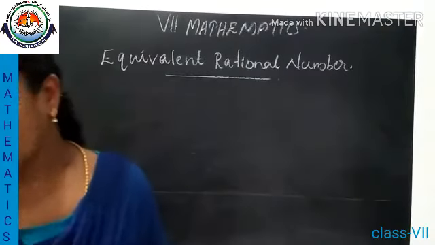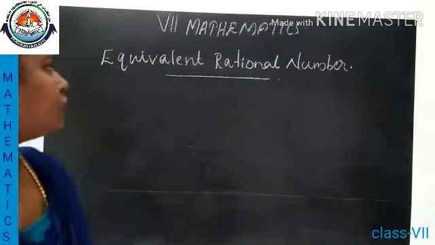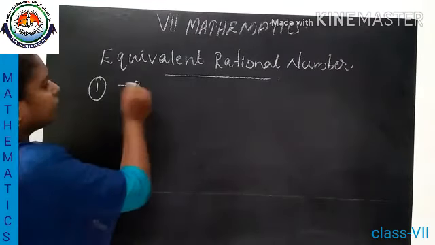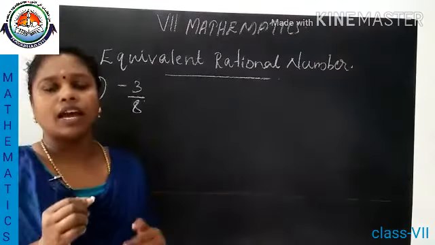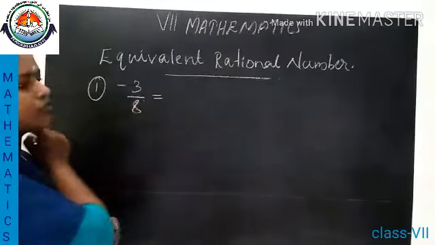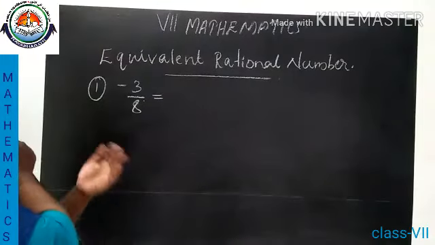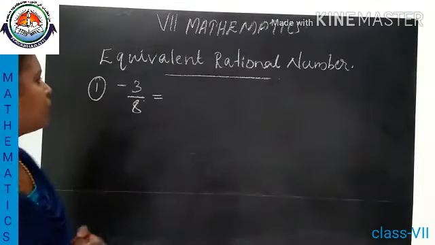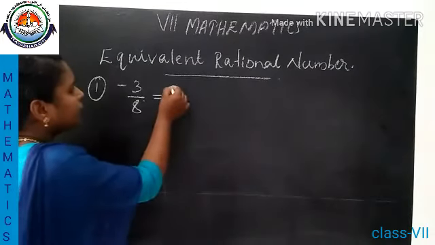First question is negative 3 by 8. We need to write 5 rational numbers. We can multiply by 2, 3, negative 2, negative 3, by any number. So first of all I am multiplying it by 2.